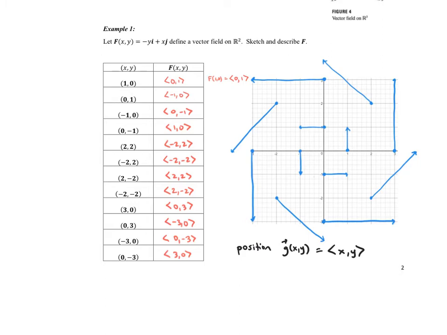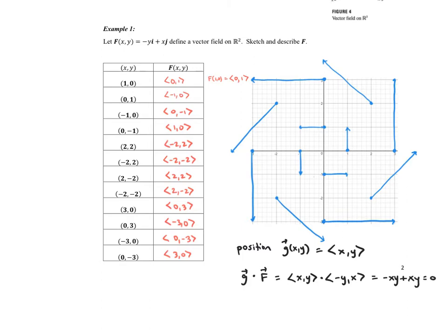And we were to look at how this interacted with the vector field we just produced, we could take G and dot it with F, the field that we were just producing, and what we would get is the position vector xy, dotted with the vector field we just wrote out, which is negative yx, and this gives us negative xy plus xy, which of course is 0.